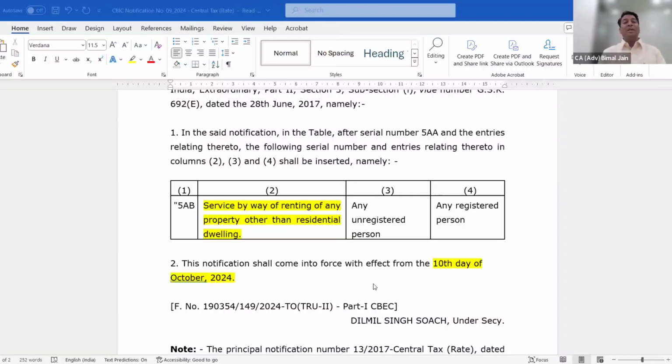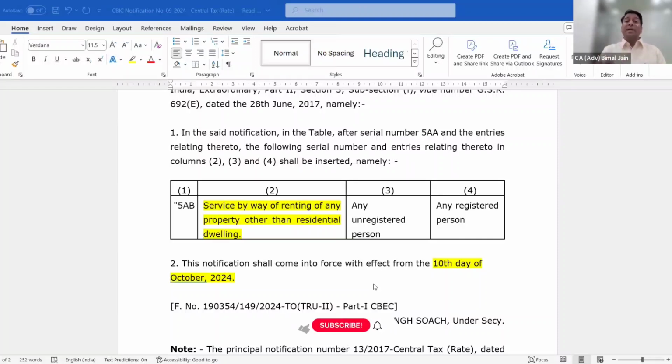But still, I'm of the opinion, in my humble submission, that unless you as a recipient are engaged in any supply of goods or services or both, the context of this reverse charge may not be applicable. So we have to look at the factual position.